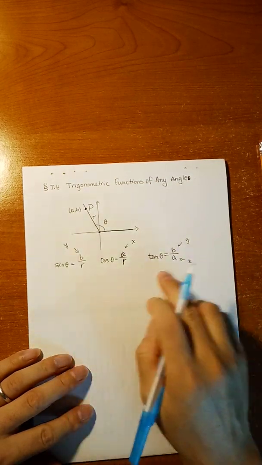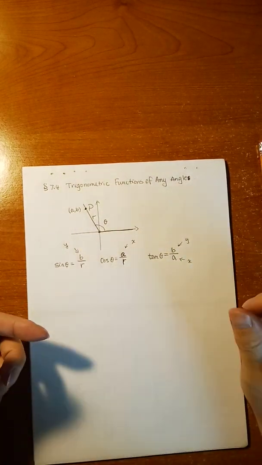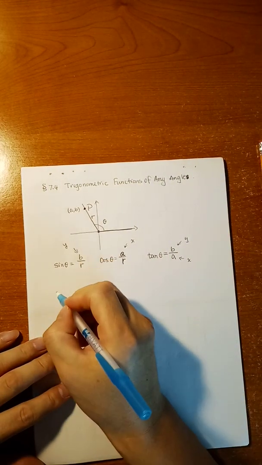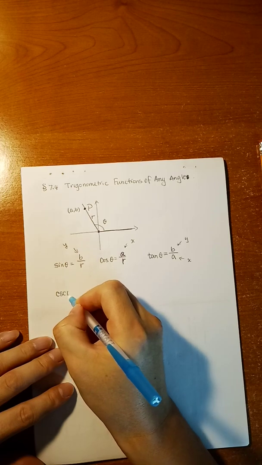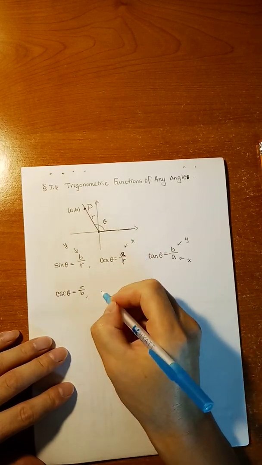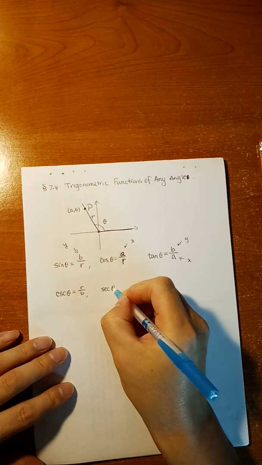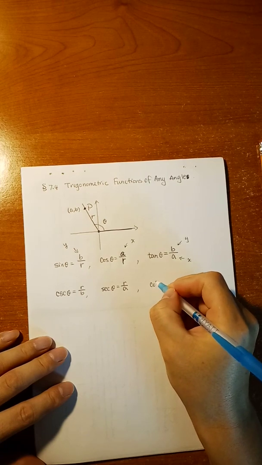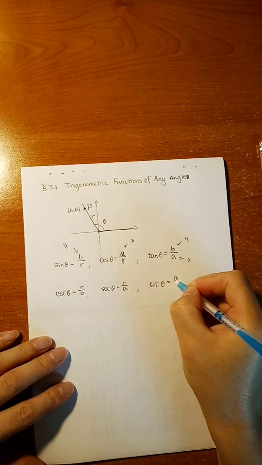And once you get those three functions, you flip them to get the other three trigonometric functions. Sine, you flip it, you get cosecant, r over b. Cosine, you flip it, you get secant, r over a. Tangent, you flip it, you get cotangent, a over b.